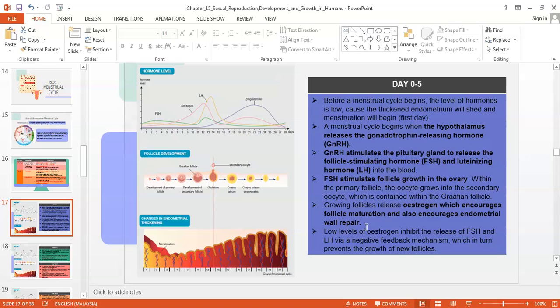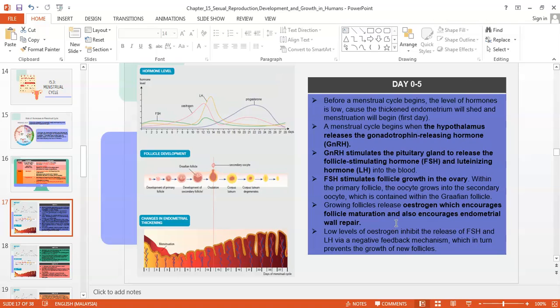So the low level of estrogen inhibit the release of follicle stimulating hormone and luteinizing hormone via a negative feedback mechanism.